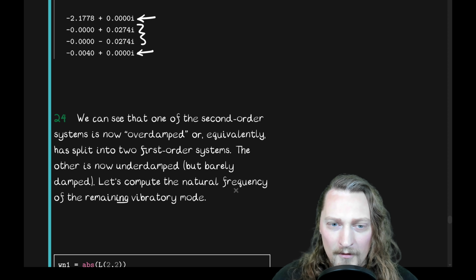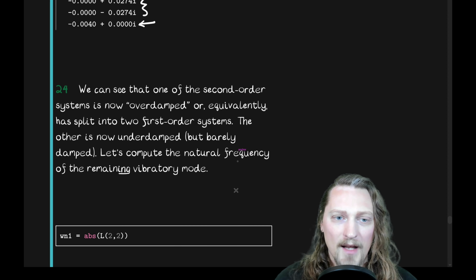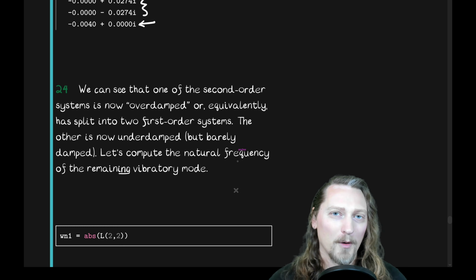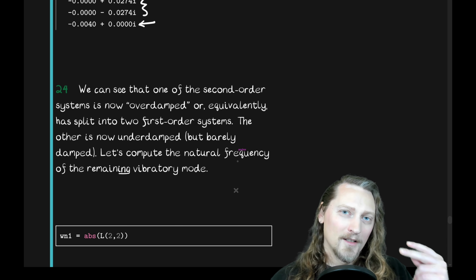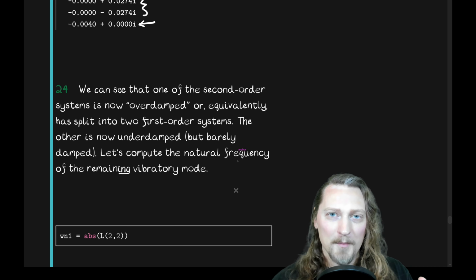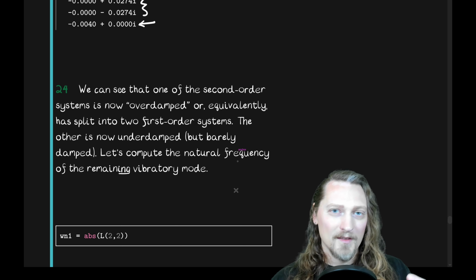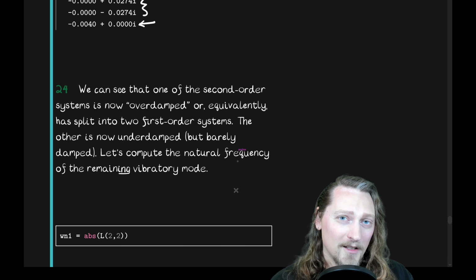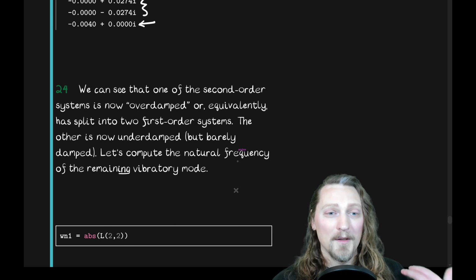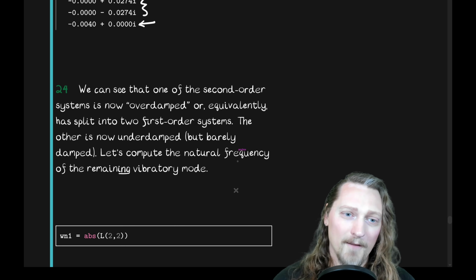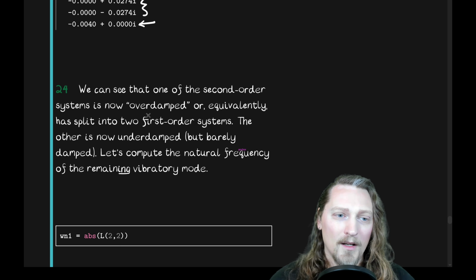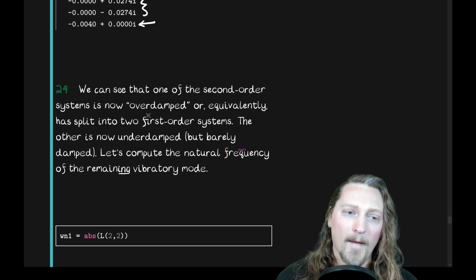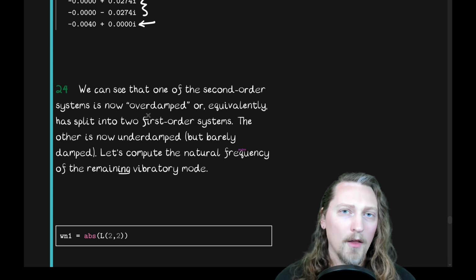We can see that one of the second order systems is now overdamped. So we went from having 2 underdamped, actually undamped subsystems to having one that's not only underdamped but completely overdamped. All right, now we've got one that's overdamped, and now the other one.